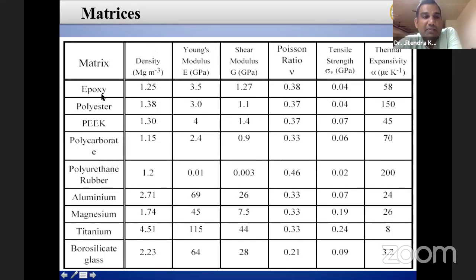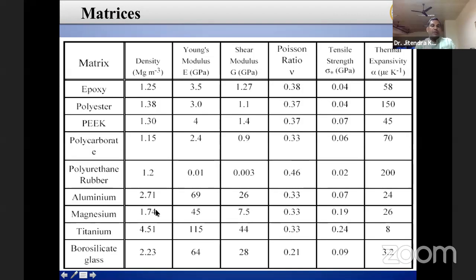Mostly at laboratory scale, when you want to perform some experiment, epoxy based is used. Aluminum, magnesium or titanium are the metal matrix composites. Titanium is widely used in brake materials for speed formula race cars and other things, because it has good thermal properties and also a good Young's modulus and good density. So titanium and magnesium are also used.